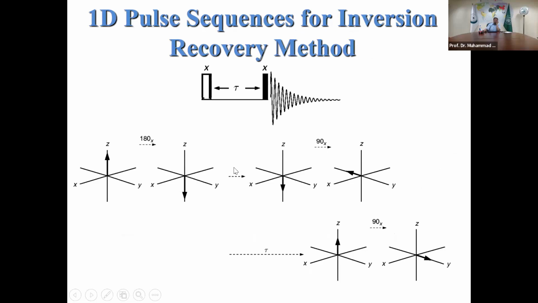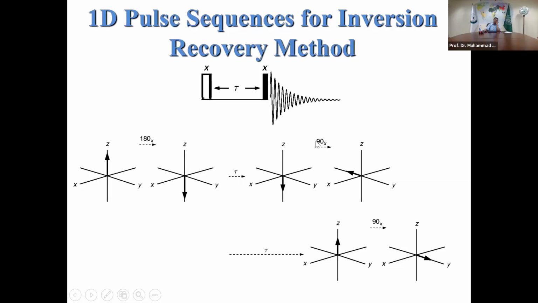During this time, it naturally has to relax, and every time you give a different delay, it is at a different magnitude, from full minus z to full plus z. That is inversion recovery. And how would you record it?